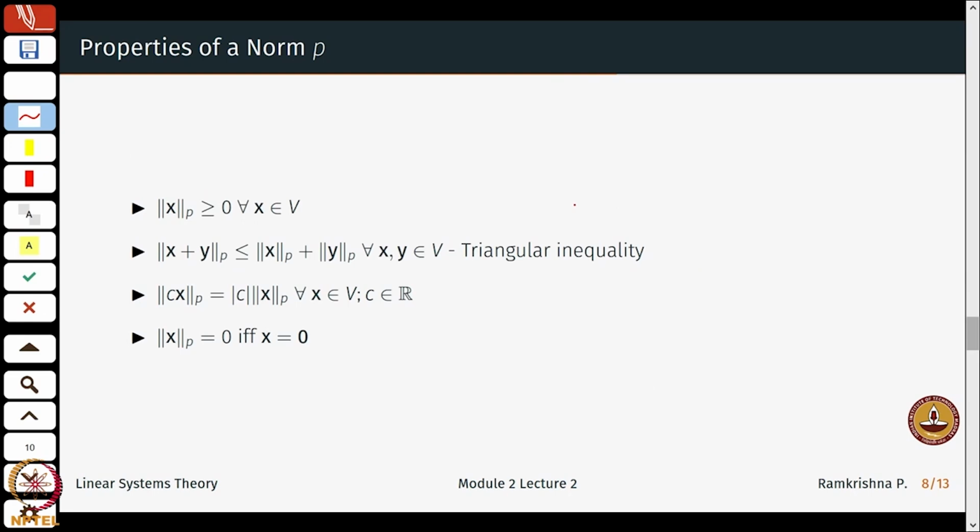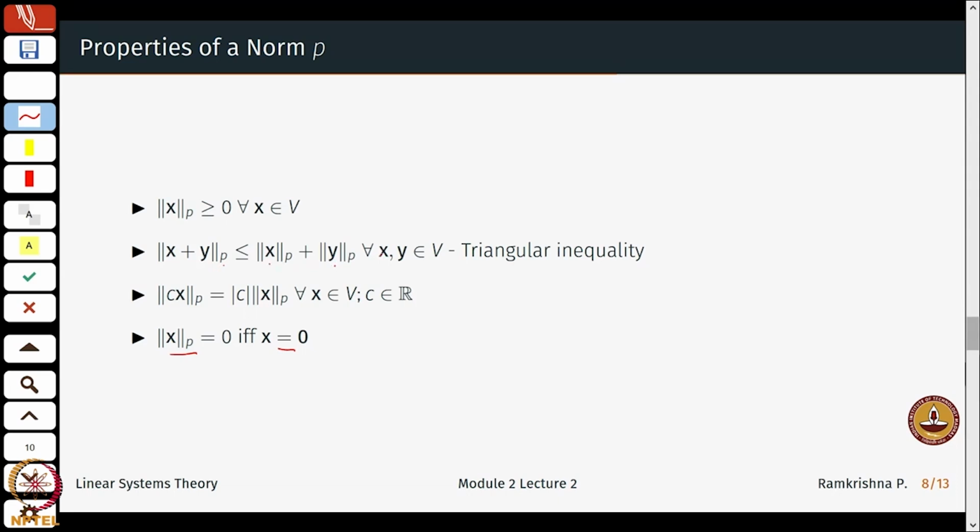This norm has to satisfy some properties. The norm is greater than or equal to 0, and it is 0 if and only if x equal to 0. If you are just at the point, the length is 0 if you are at the origin, that is the 0 vector. Similarly, there is something called the triangle inequality. I take two vectors x and y, the norm of x plus y will be less than or equal to the norm of x plus the norm of y.